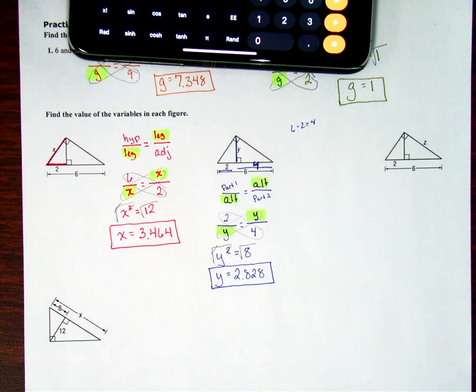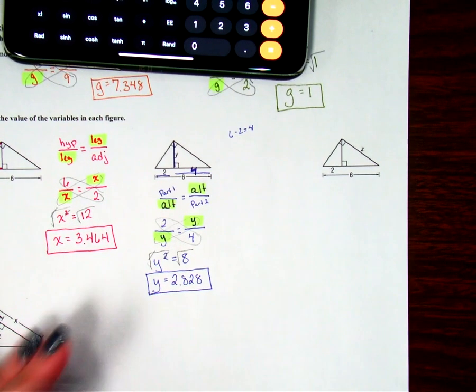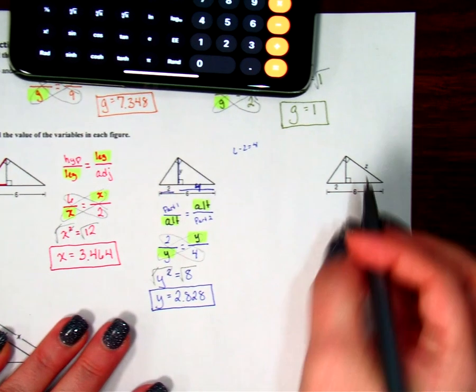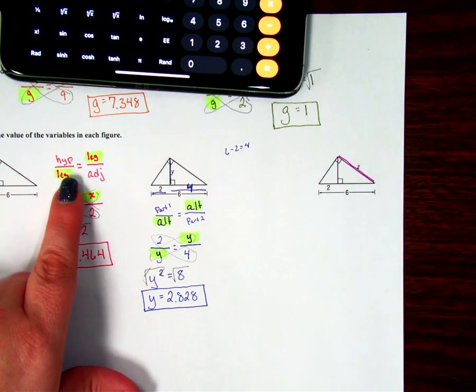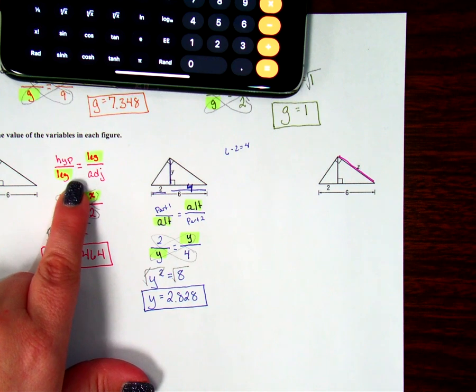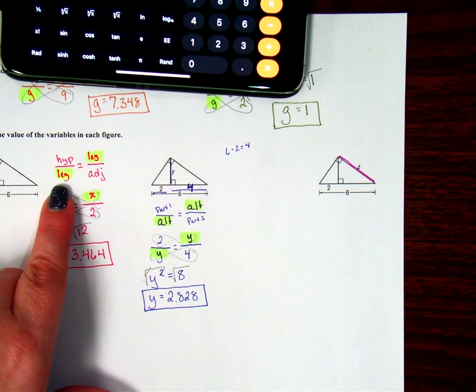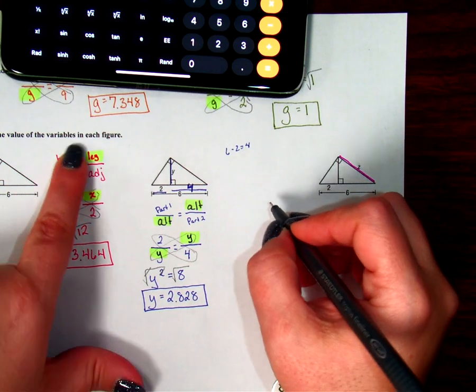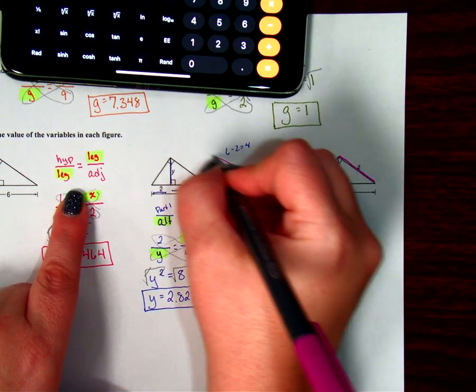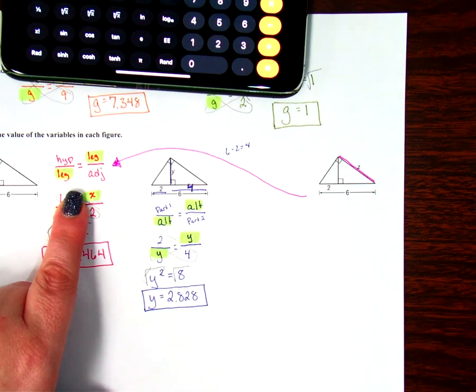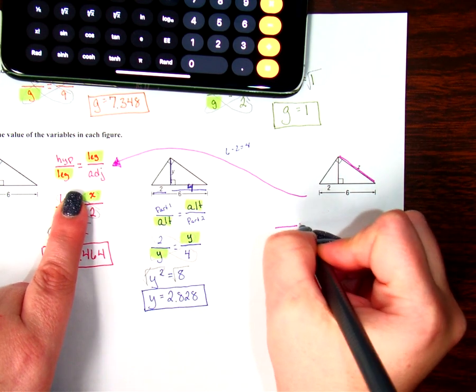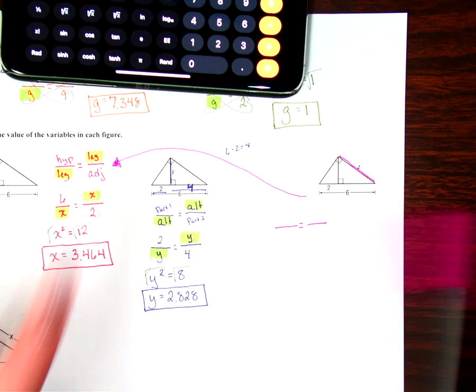Okay, and the last one over here on this row, I have the same picture, but this time I'm trying to find z, and z is a leg. So I know I'm going to be using my leg formula that I used on the first one. Okay, so I'm going to just refer back to this formula. My leg is going to be the geometric mean between the hypotenuse and the adjacent part of the leg.